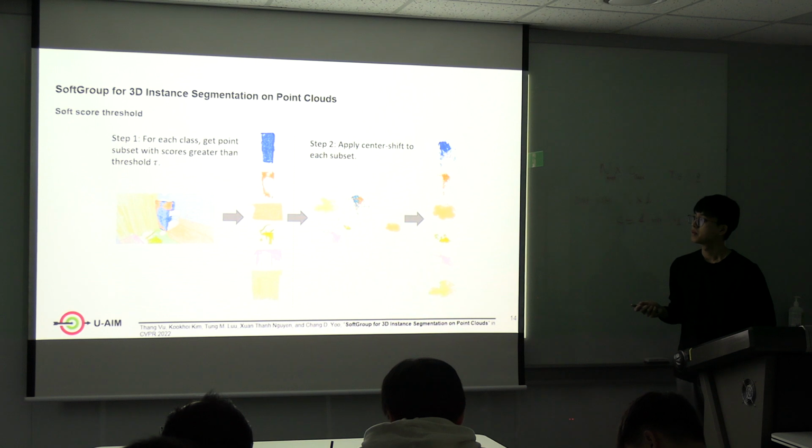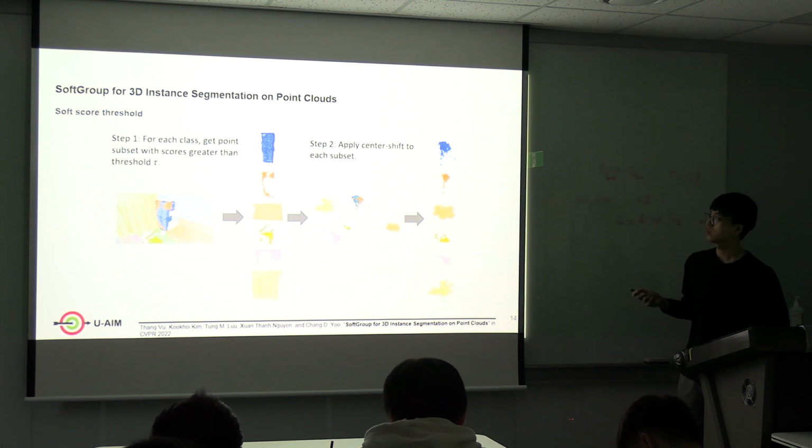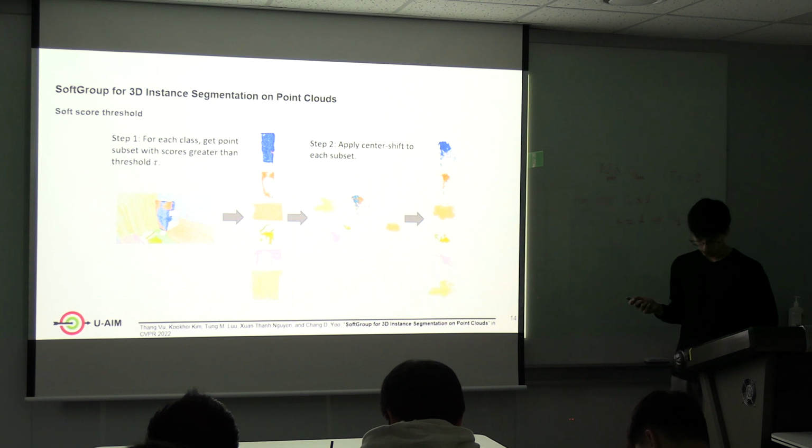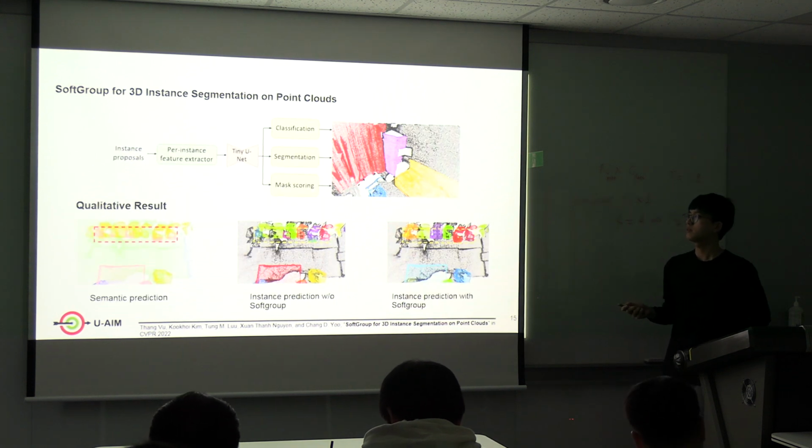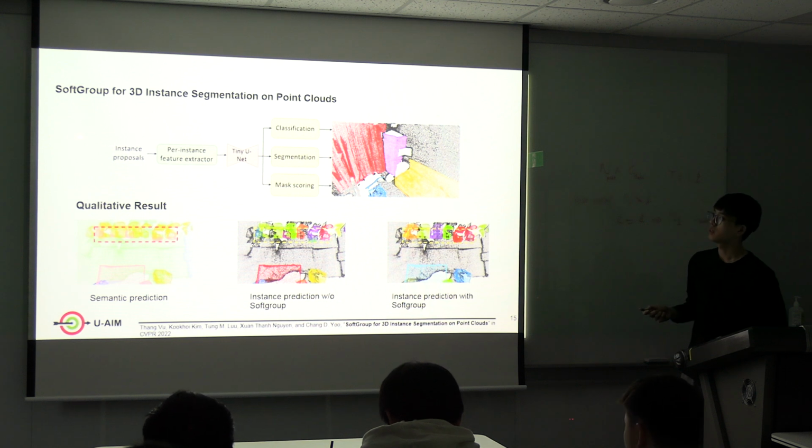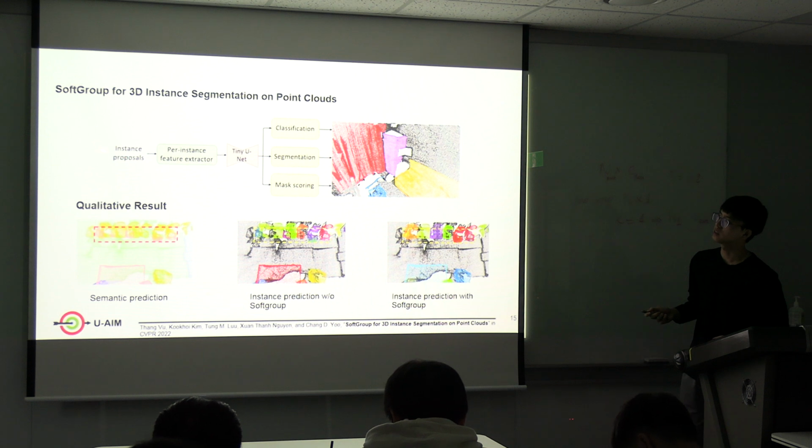By that way you can mitigate the limitation of point group, and they just apply the clustering algorithm to the center shift point to get the offset.